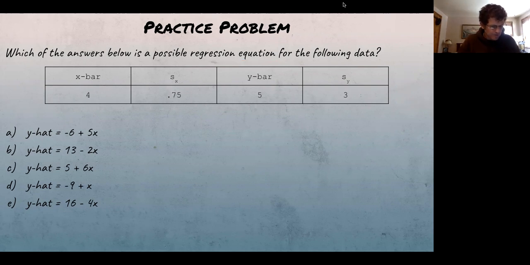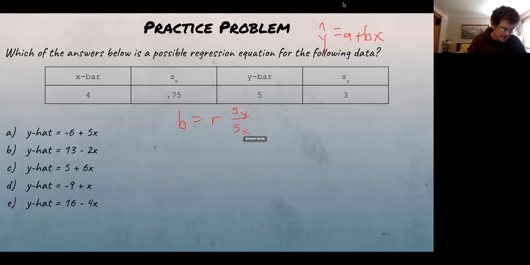Okay, so let's try and figure out what we know. Here are my two equations that I know. Here's my regression equation, and I want to figure out which one of these might be the one, or at least a possible one. I know that my slope is the correlation coefficient times S sub y over S sub x. And I know that y bar equals a plus b times x bar.